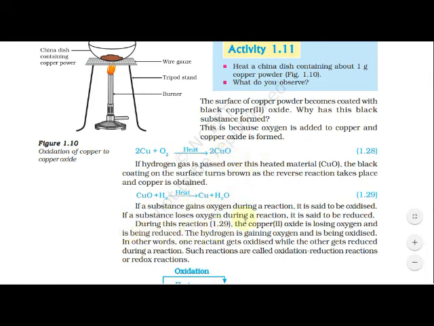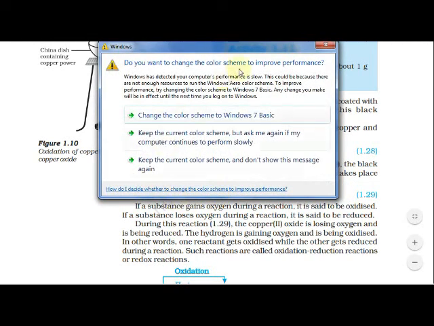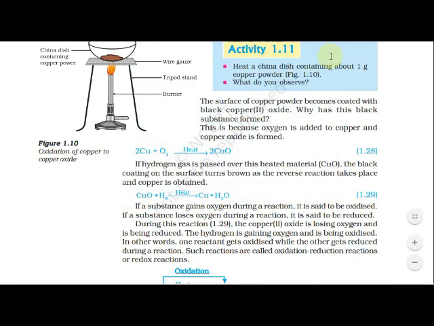During reaction 1.29, the copper oxide is losing oxygen and is being reduced. The hydrogen is gaining oxygen and is being oxidized. In other words, one reactant gets oxidized while the other is reduced.